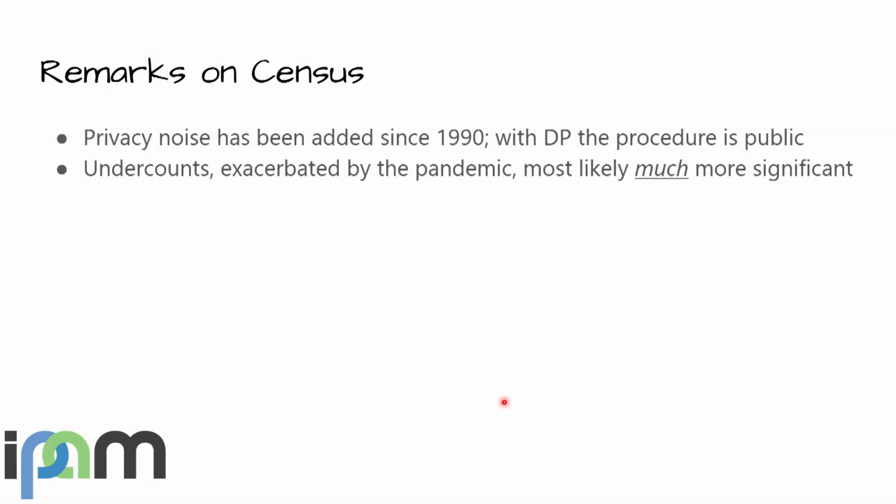There were undercounts. There are always undercounts, particularly of the poor, people of color, and children below 5. The undercounts were severely exacerbated by the pandemic. The noise that's introduced by the undercounts is most likely very large compared to any of the noise that's being added by the differential privacy.